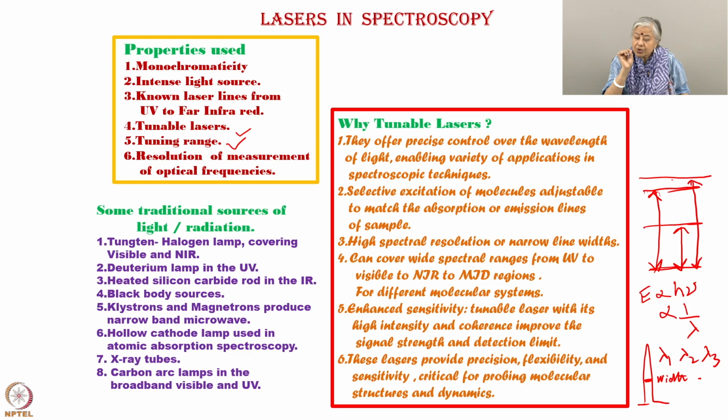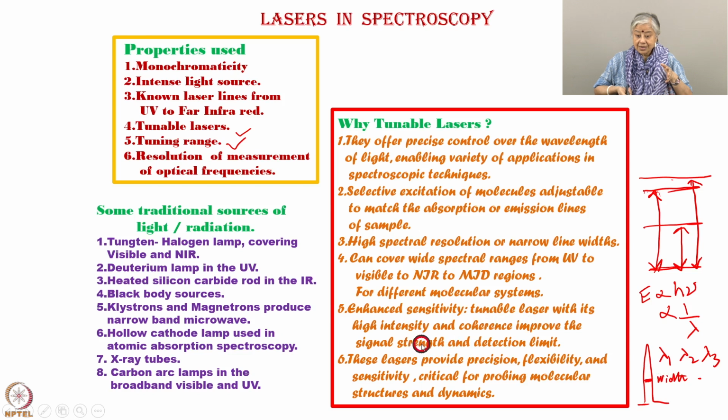So, those are very weak lines, and how do we make them stronger so that you are able to see them with the kind of instruments that you have? That is when you use lasers again. So that is what is meant by enhanced sensitivity. You have enhanced the power, the intensity of the laser, simultaneously keeping the monochromaticity.